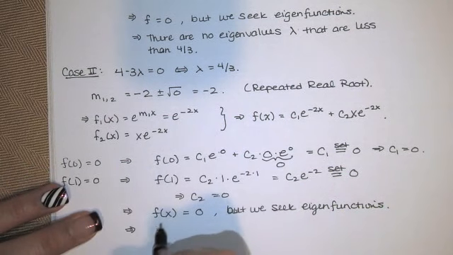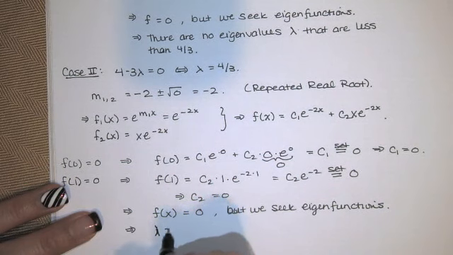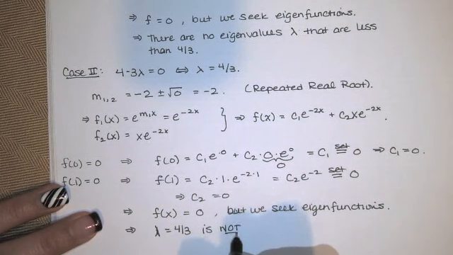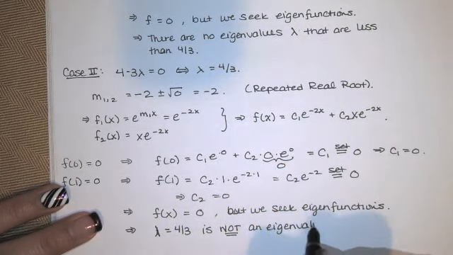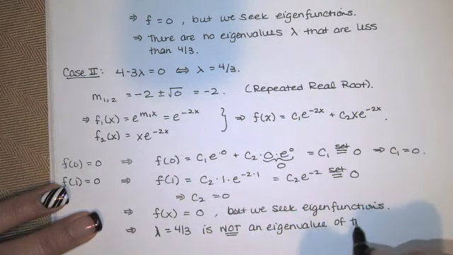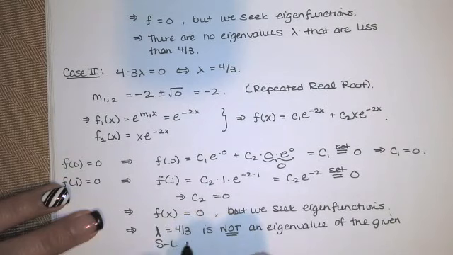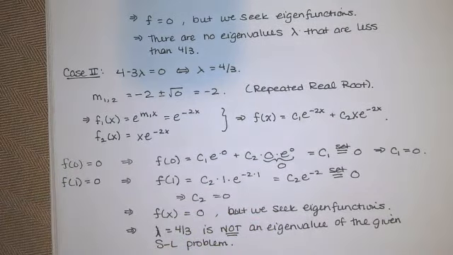So we'll just say lambda equals 4/3 is not an eigenvalue of the given Sturm-Liouville problem. Okay, great.